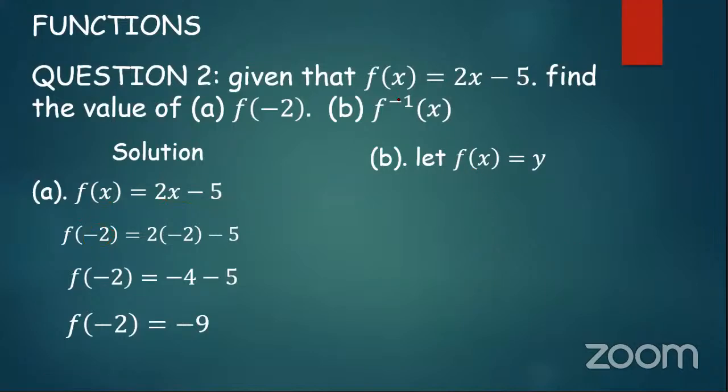So we begin by letting this function, f(x), be a certain letter like y. So now our y is substituting f(x). That means 2x minus 5, which was f(x), is now equal to y. Remember, this was f(x), so we now equate it to y.